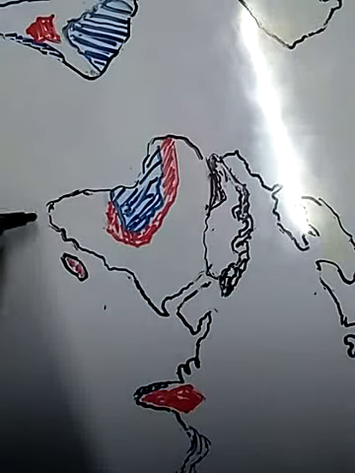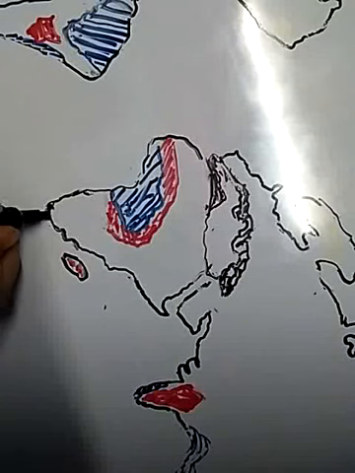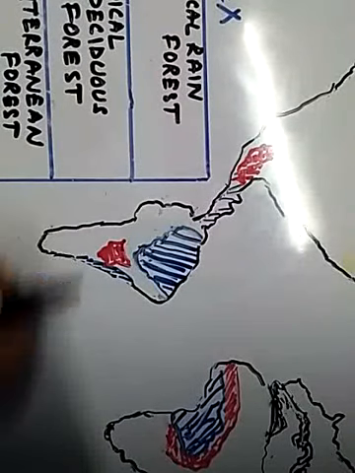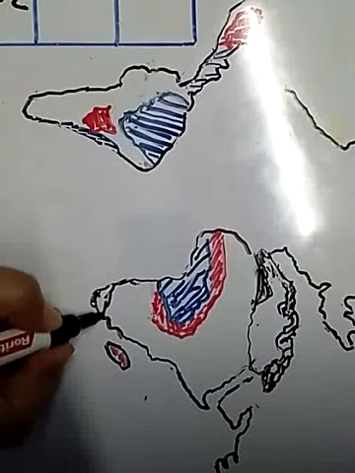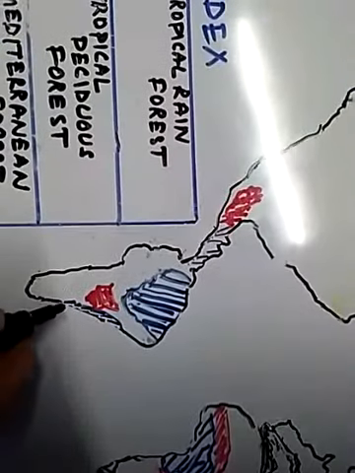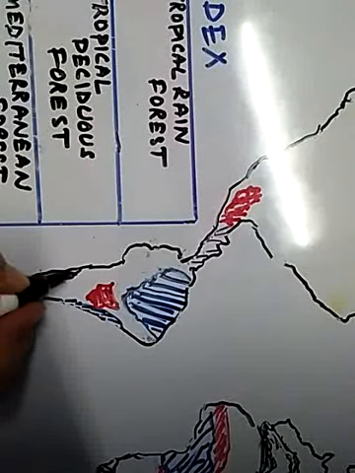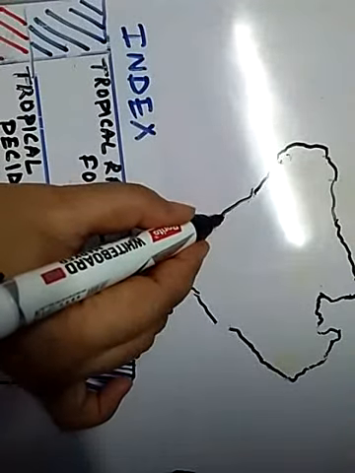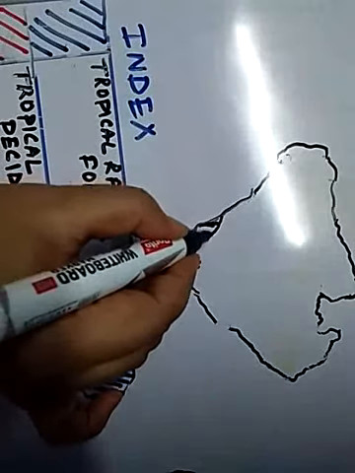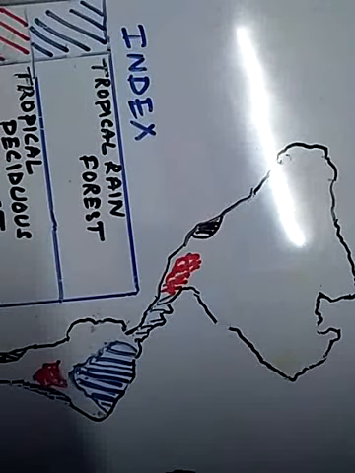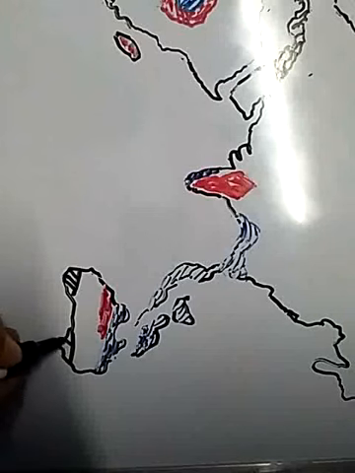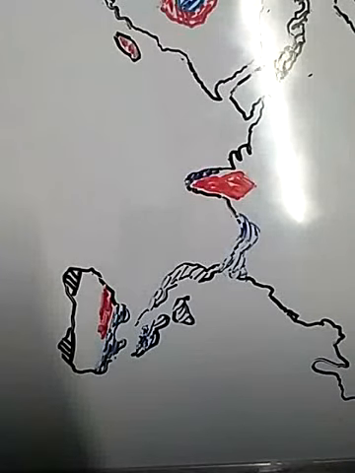This type of forest is also found in the south tip of Africa, in the coast of South America, in North America also. In the south tip of Australia, the Mediterranean forests are found.